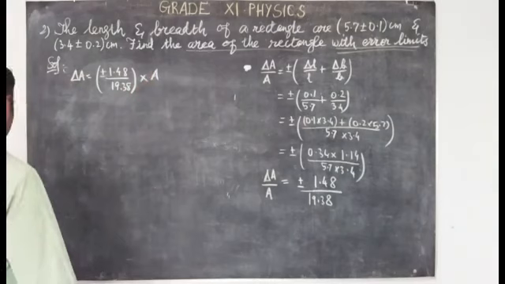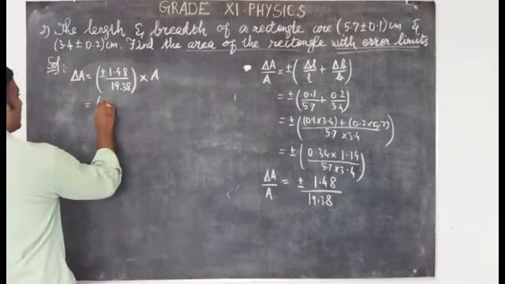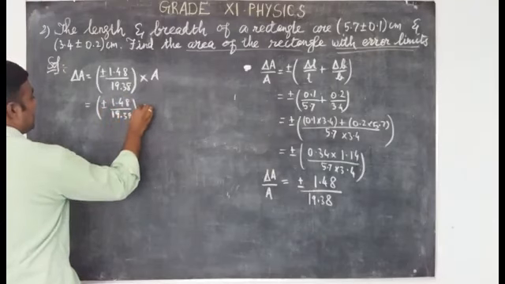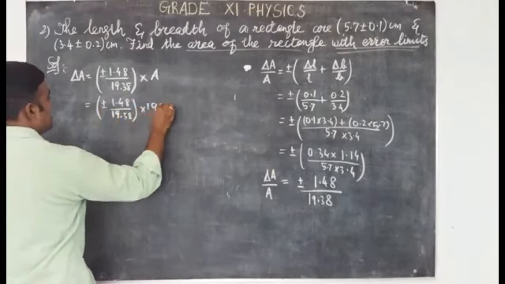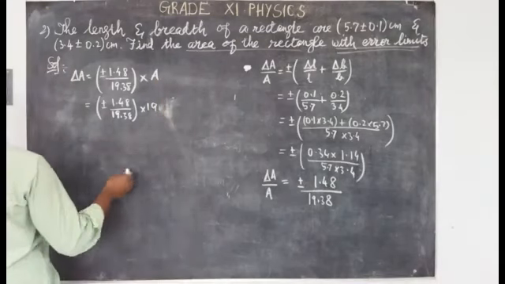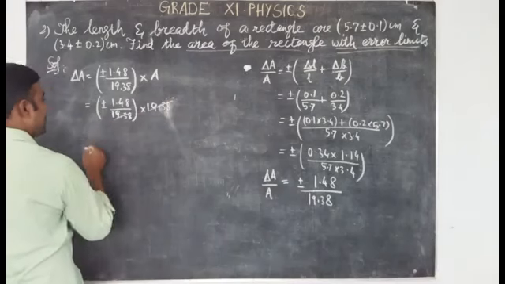It is 19 centimeter square, so we multiply with the area. So plus or minus 1.48 divided by 19.38 into 19 centimeter square. The unit we need not mention, it vanishes. Then the final value: this 19 and the 19.38 we calculated before both vanish.